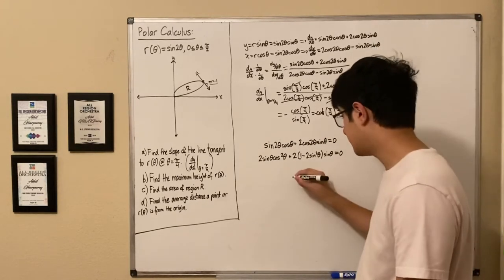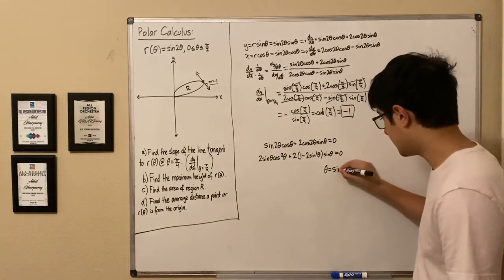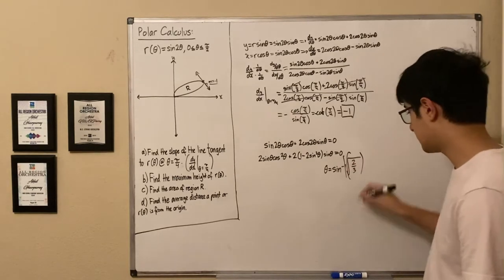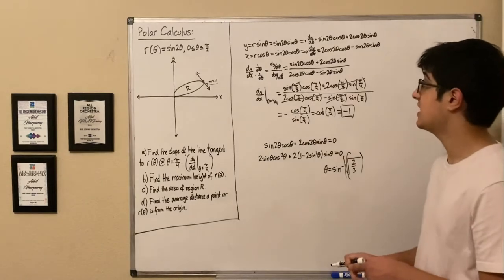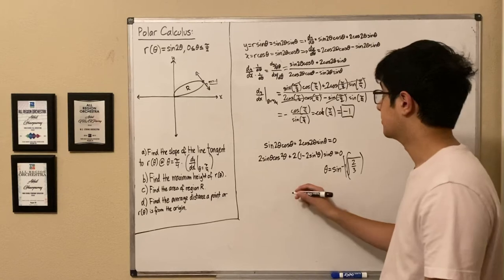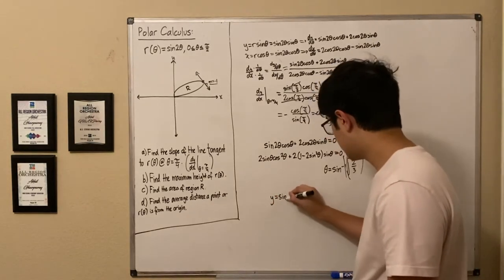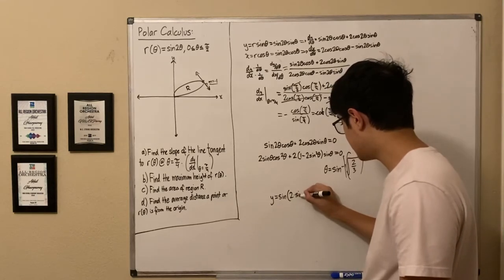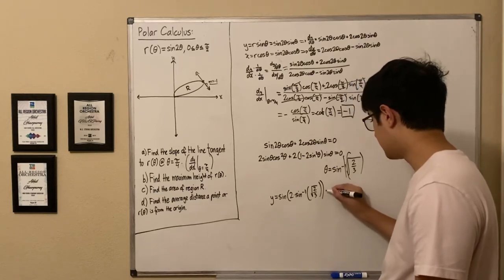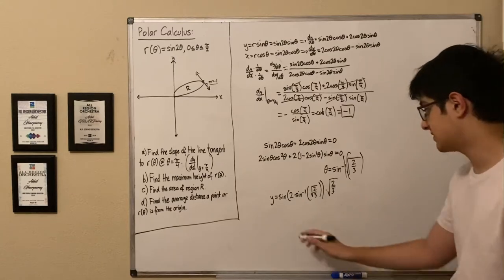In the end, I believe the angle that we get, theta, is equal to the inverse sine of the square root of 2/3. And if we plug that into what we have here, y equals sine of 2 times the inverse sine of the square root of 2/3, multiplied by the square root of 2/3, because sine and inverse sine will cancel.